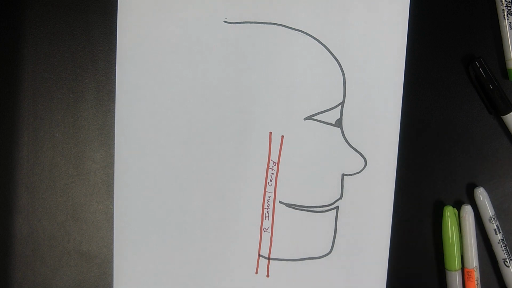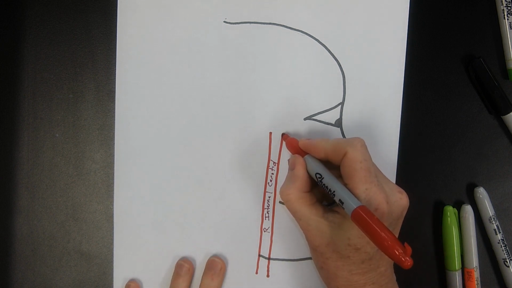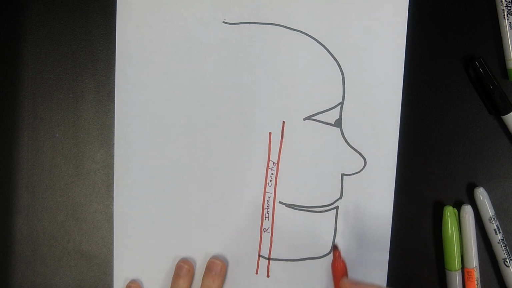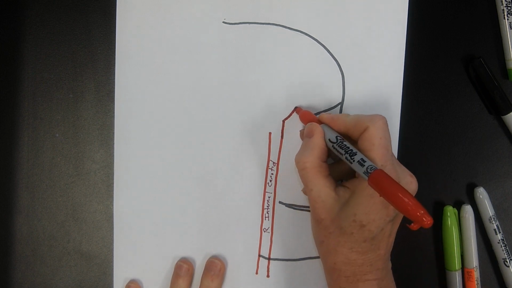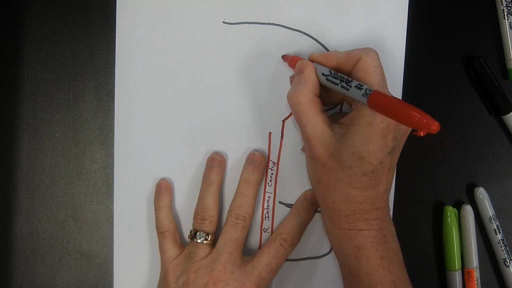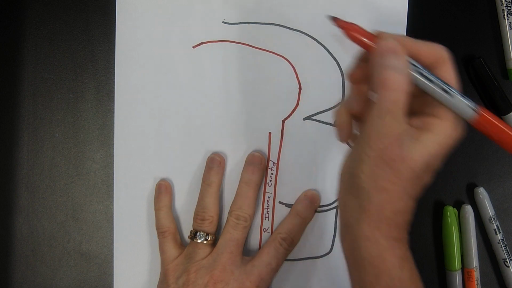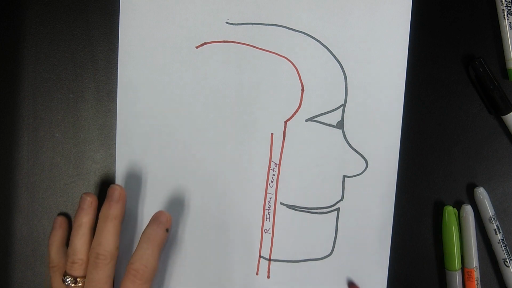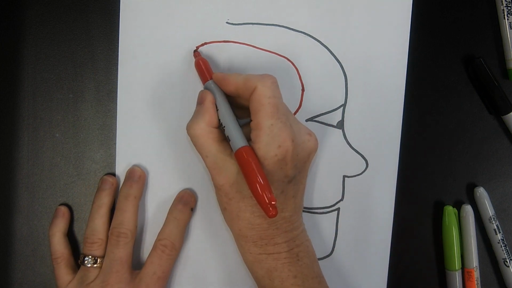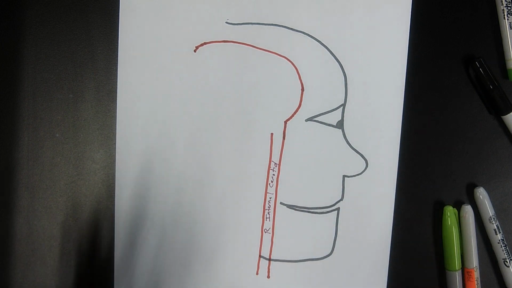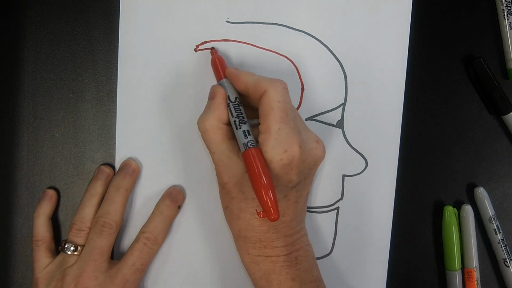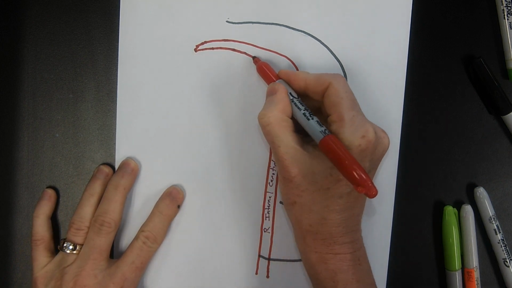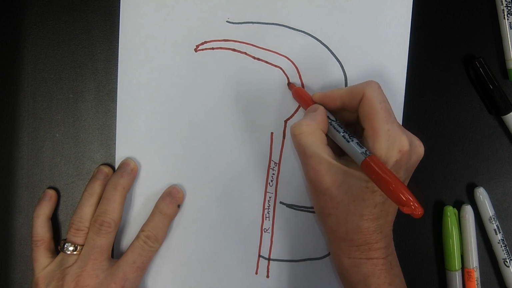The right internal carotid rises up to about the level of the eye. It makes a turn, and it's going to come out here, and then it's going to flop around and follow over top of the corpus callosum. Remember, the corpus callosum is that major white matter area we're going to see later on.